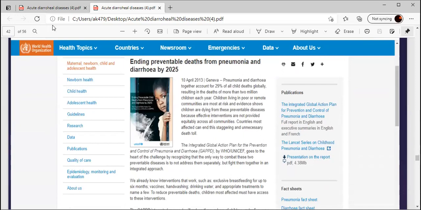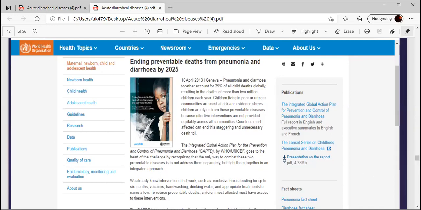The World Health Organization is conducting many researches, and ending preventable deaths from pneumonia and diarrhea by 2025 is an important component. Pneumonia and diarrhea together account for 29% of all child deaths globally, resulting in the death of more than 2 million children every year.